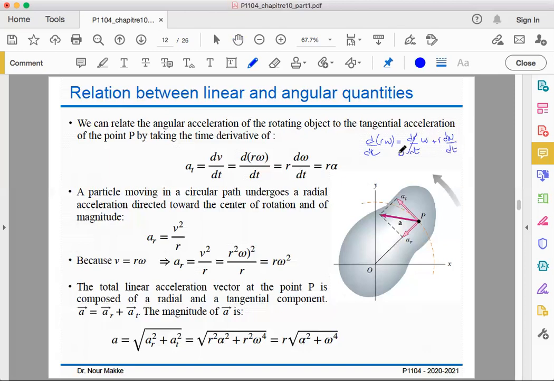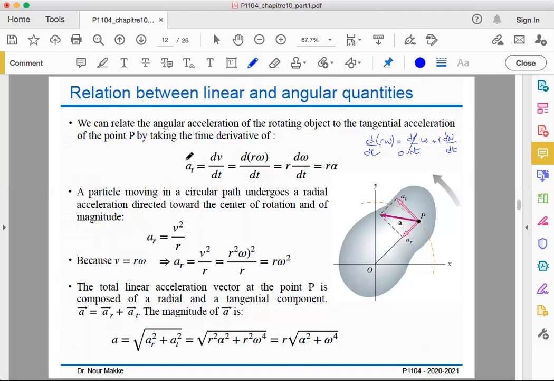Since the first term is equal to 0 because the radius of the circle is constant all the time, we can write this as r multiplied by d omega over dt. And this is nothing else than alpha, as we have seen in the previous slides. So we can deduce that a_t is equal to r multiplied by alpha. This is for the tangential component of the acceleration.